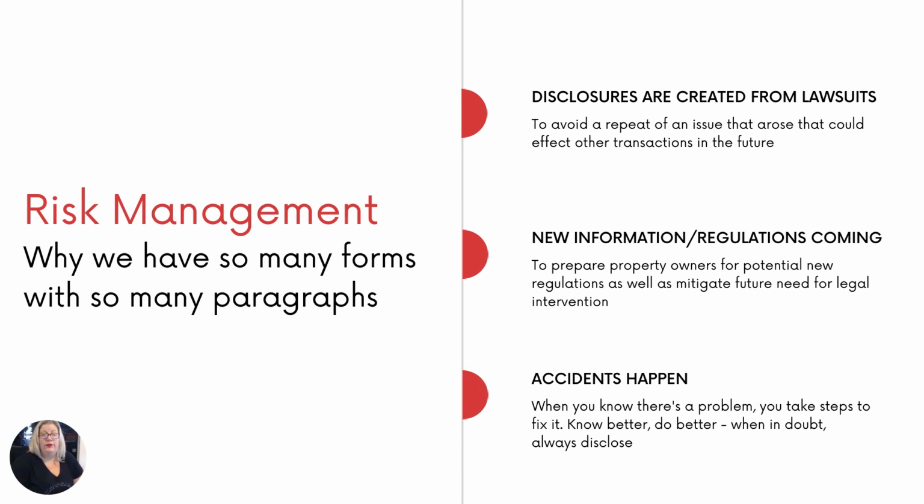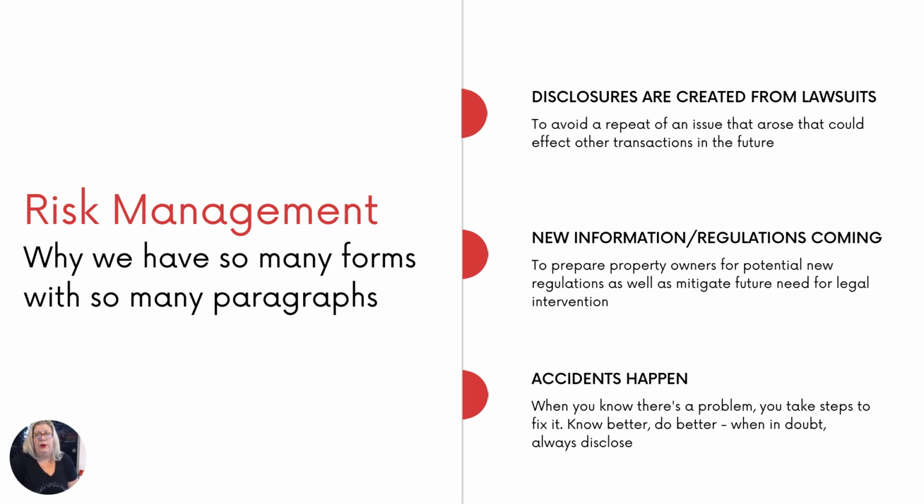Then there are disclosures that are just for risk management. And these were created from lawsuits. The whole reason we have all these disclosures and all these paragraphs is something happened where there was a civil situation, a legal situation, and from that, they went ahead and created a disclosure so it wouldn't happen again. They're also created to help prevent when we have new information and regulations coming. An example of this is the fire home hardening and defensible space.